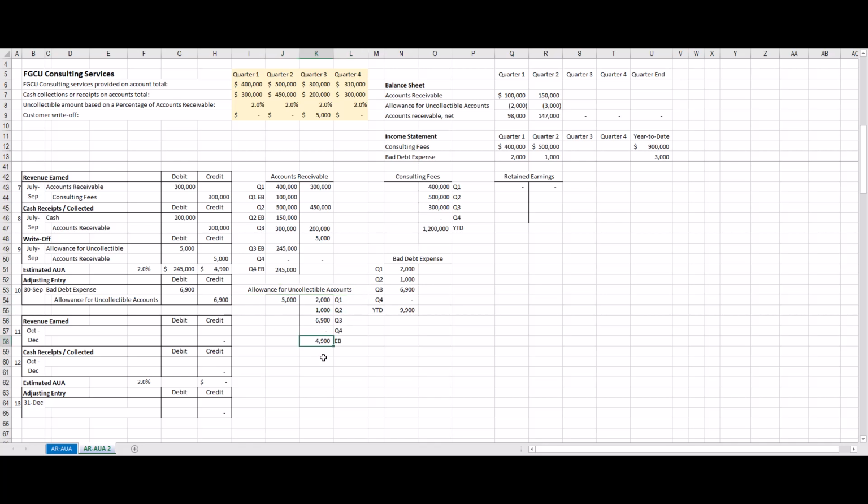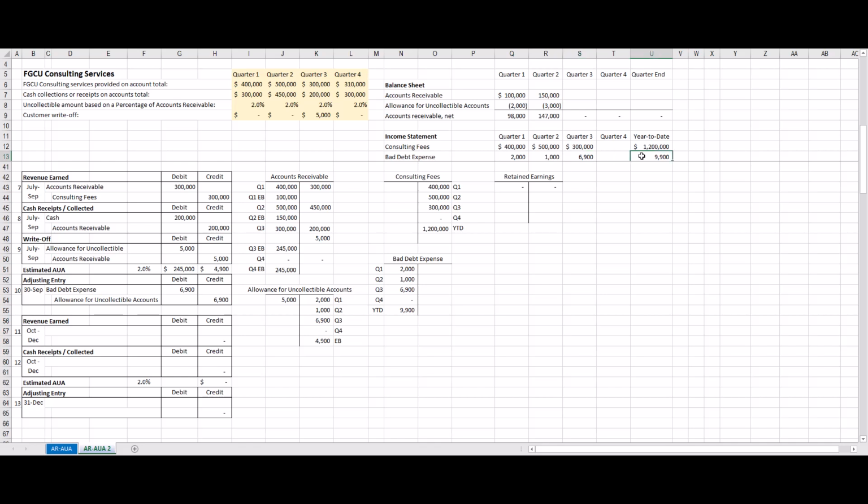The income statement now reports consulting fees for the quarter of $300,000 and $1,200,000 year to date. The bad debt expense for the quarter was $6,900, and for the year to date, it is $9,900.